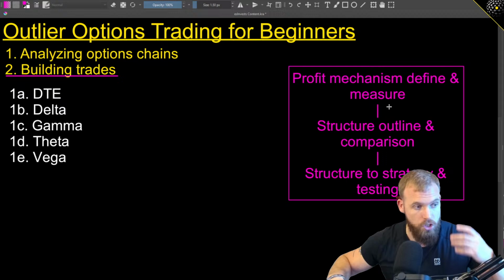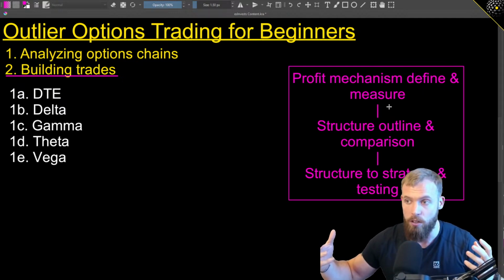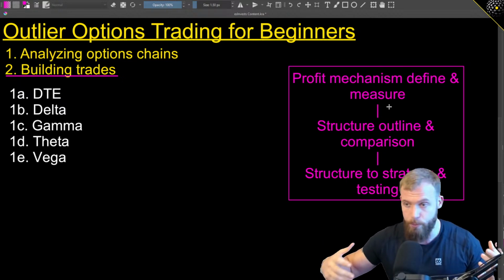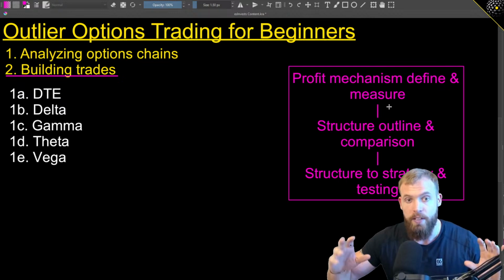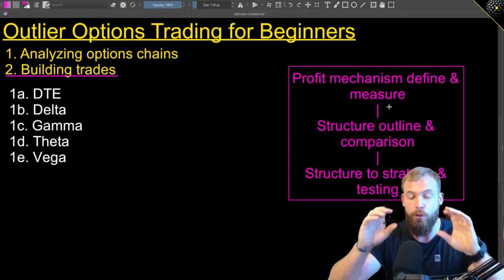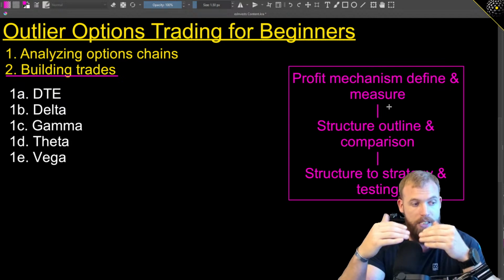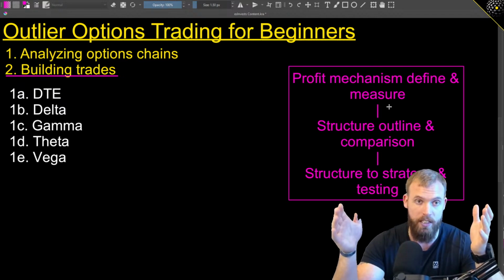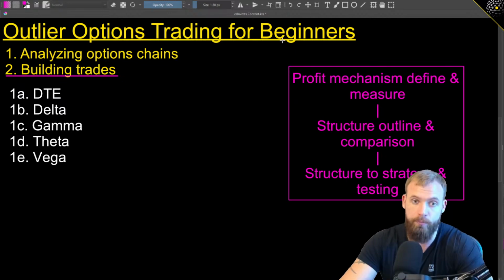Would I rather sell a put because IV is really high or buy a call? I probably will buy the call. Might even do both of them. Sell the put to subsidize the cost of buying the call. Something like that, synthetic long stock. But the point is, if you really take the time to define the profit mechanism, it naturally backs you into the exact thing that you're trying to do more often than not once you define your toolkit, which is really important.